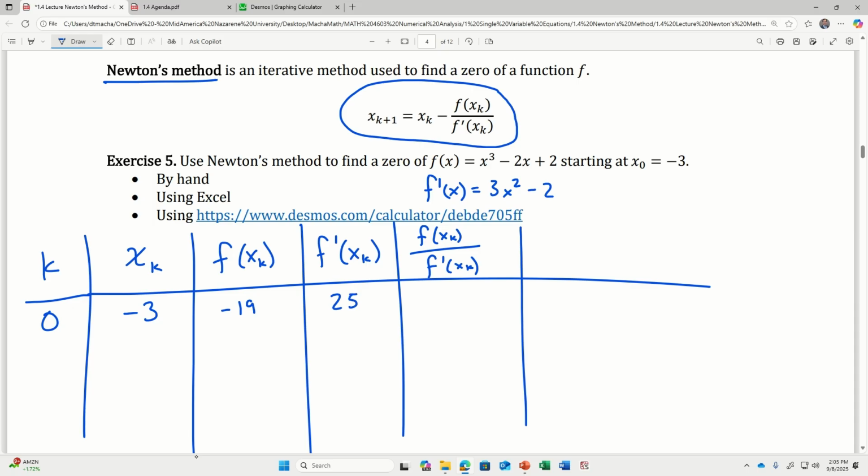And then I have to divide, so it'd be like negative 19 over 25. And then I need to take negative 3 minus all of this stuff. So it would be negative 3 plus 19 over 25. And that's how I'd get my x1.